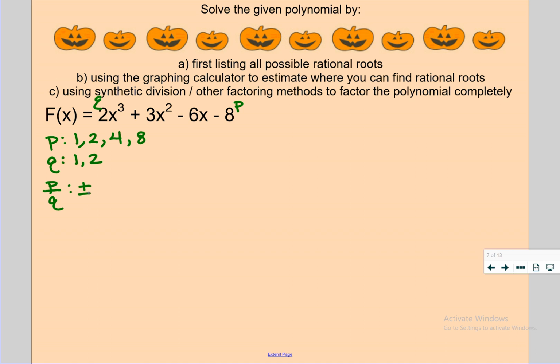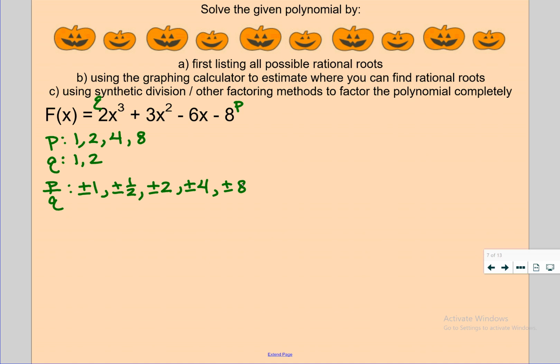So P over Q, 1 divided by 1 gives me 1. 1 divided by 2 gives me a half. 2 divided by 1 gives me 2. 2 divided by 2 is 1, already on my list. 4 divided by 1 gives me 4. 4 divided by 2 is 2, already on my list. 8 divided by 1 is 8. 8 divided by 2 is 4, already on my list. So really here, how many possible rational zeros do I have? More than that. There are 10, including all the pluses and minuses. I have 10 possible rational zeros.